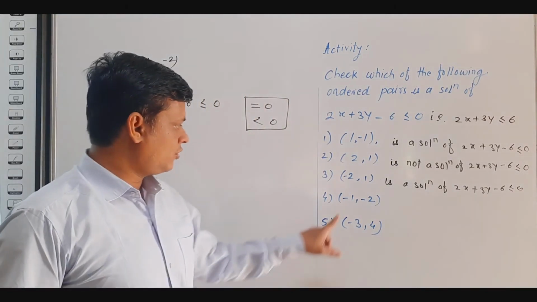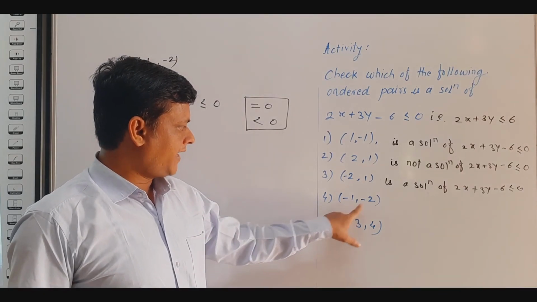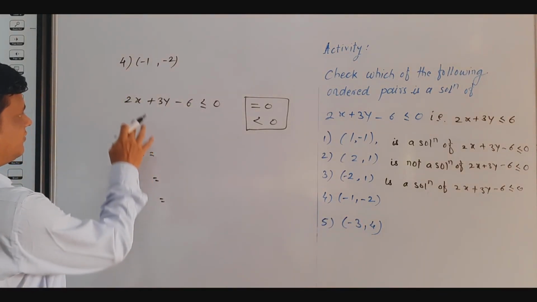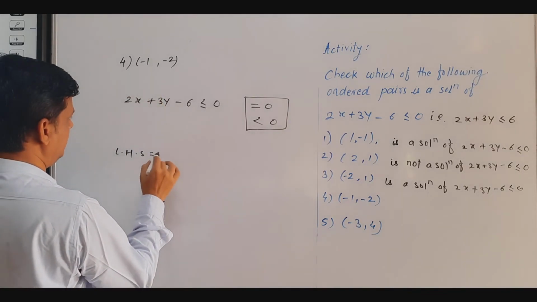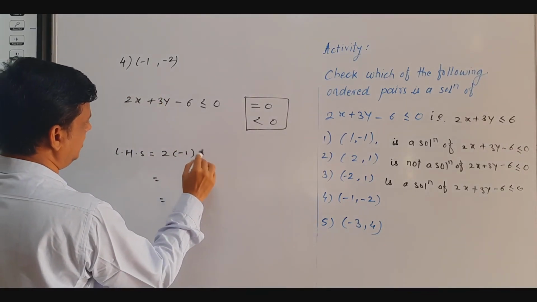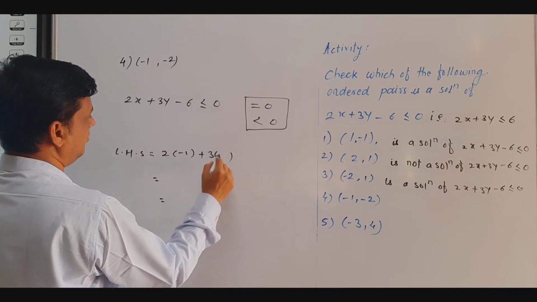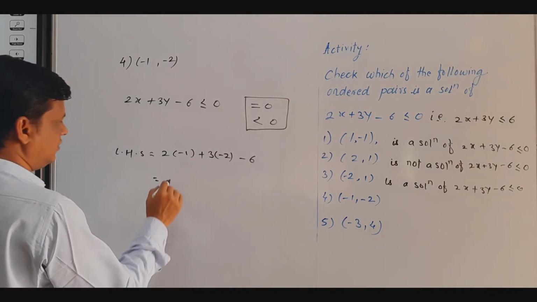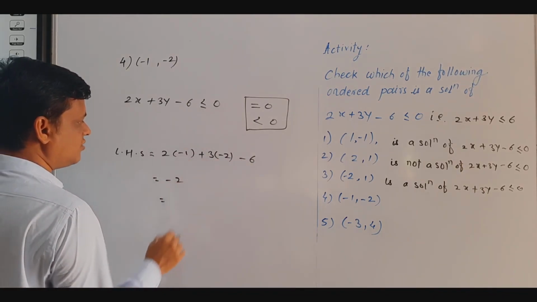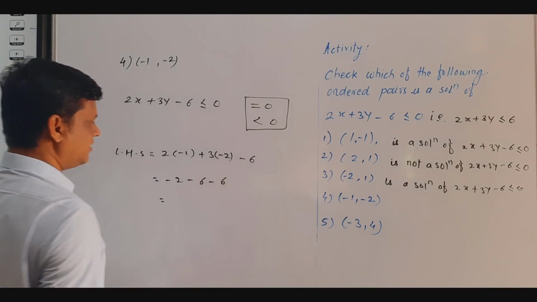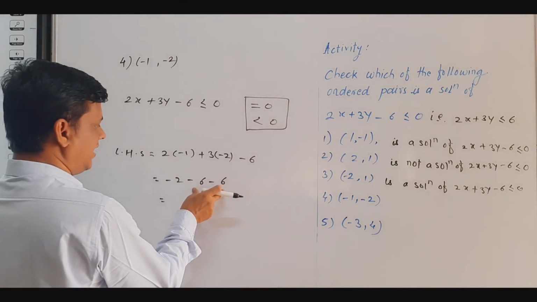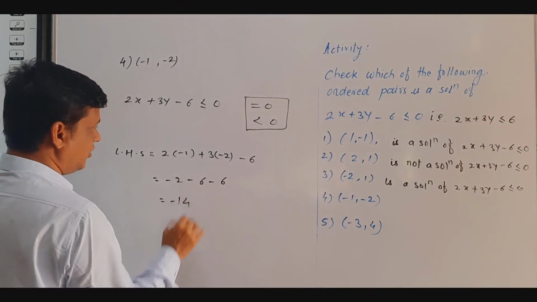Now we check the fourth ordered pair, (-1, -2). So we substitute in this inequation x as -1. So we write 2 into -1 plus 3 into -2 minus 6. So 2 into -1 is -2, 3 into -2 is -6, and minus 6. So we write this as -12 minus 2, that is -14.